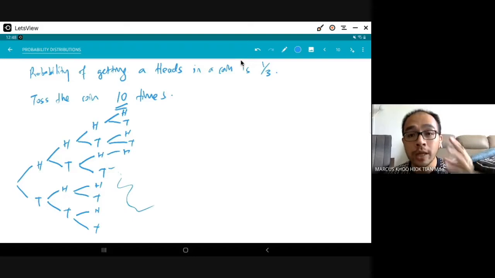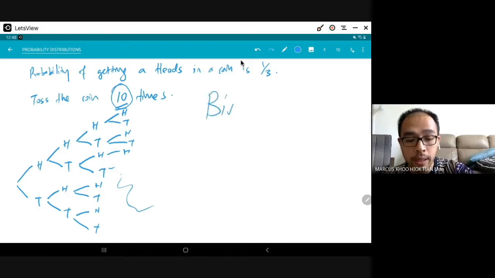Okay? So we need to have a system which makes it easier for us to calculate the probability, especially where we cannot draw a tree diagram. And this is what we call the binomial distribution formula.